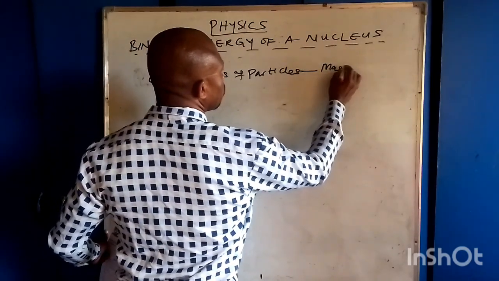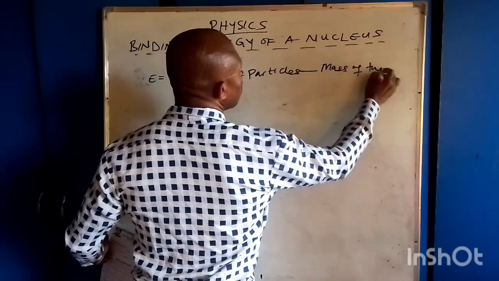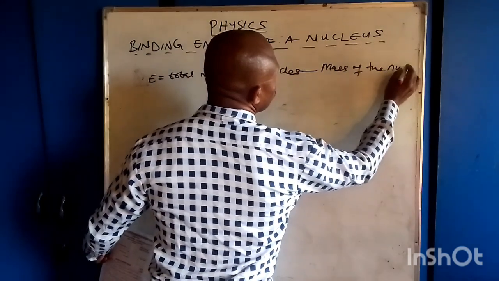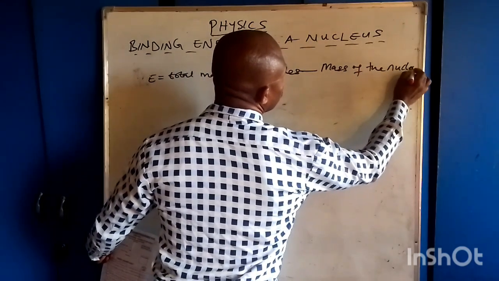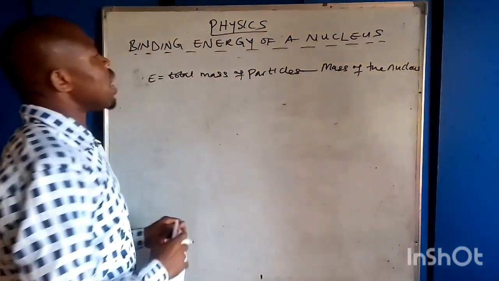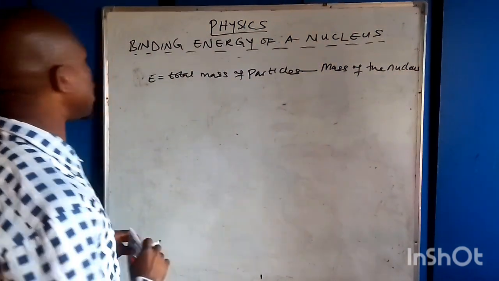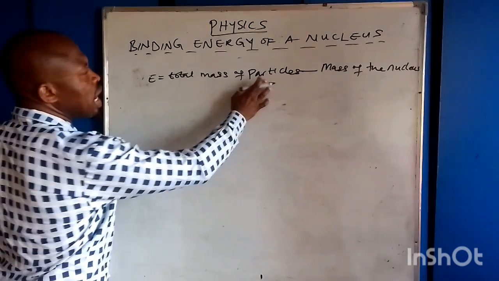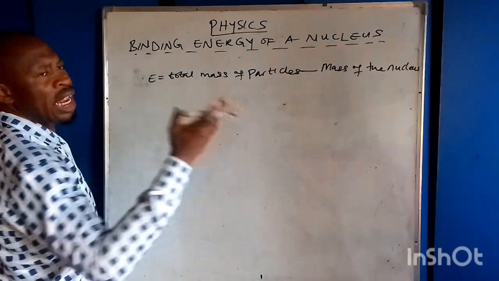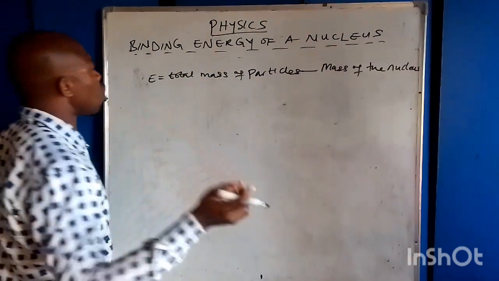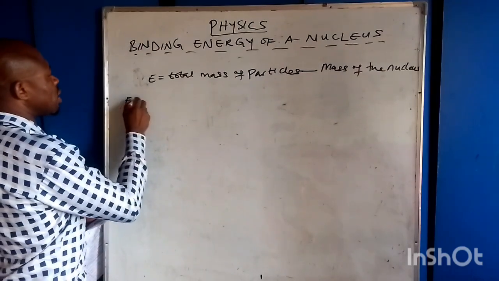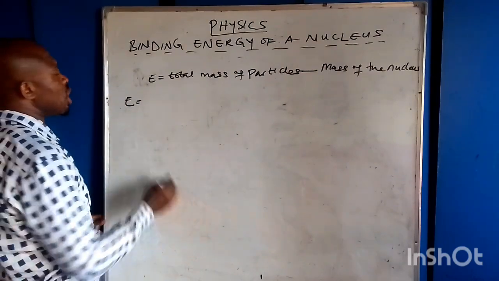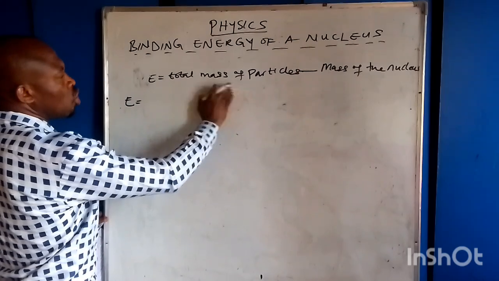Now, the particles are, like we said earlier, the neutrons and the protons. So in other words, we can now say that binding energy is the total mass of the particles minus the mass of the nucleus.